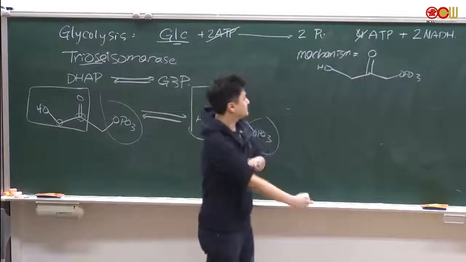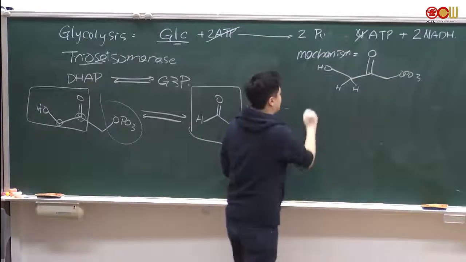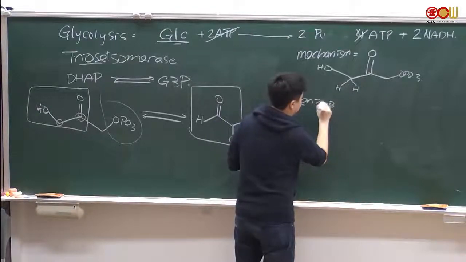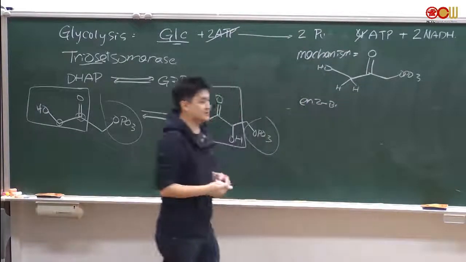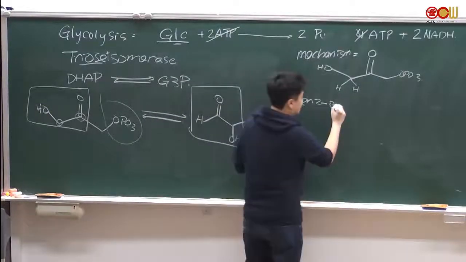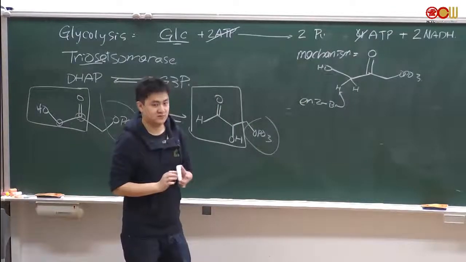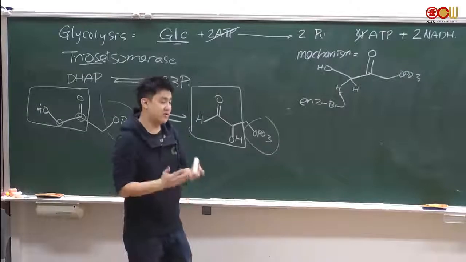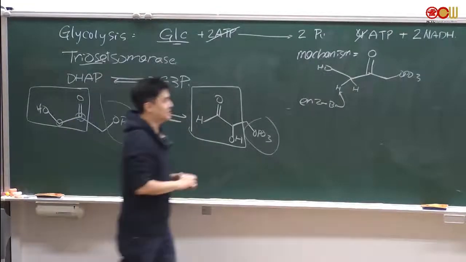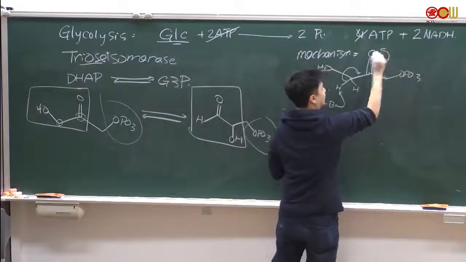Now, you have an enzyme that has a base, so it's like everywhere. What it's going to do is attack the alpha hydrogen. And the alpha hydrogen is deprotonatable because it can form an enolate, like that.